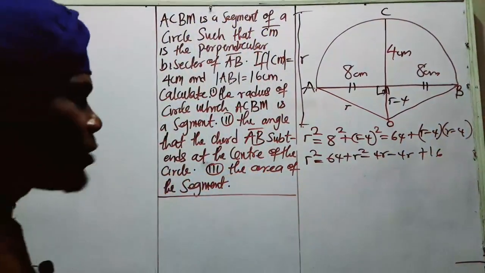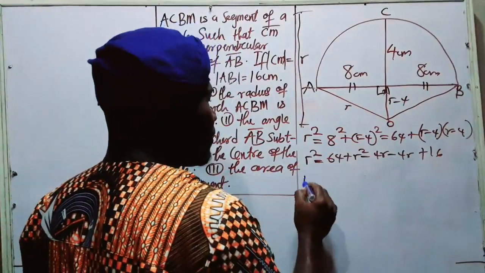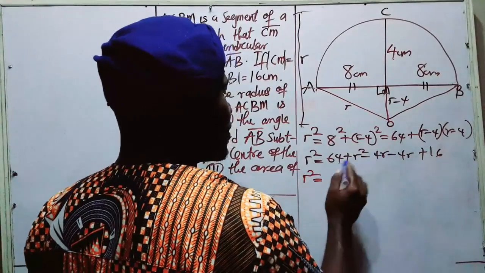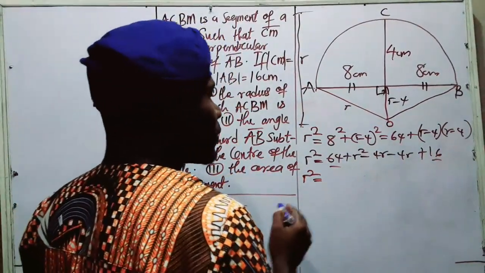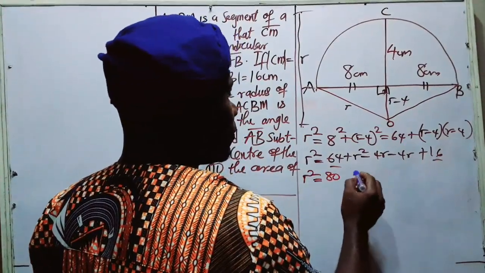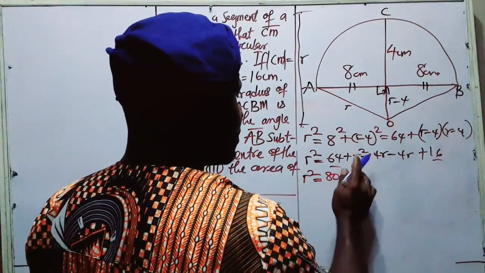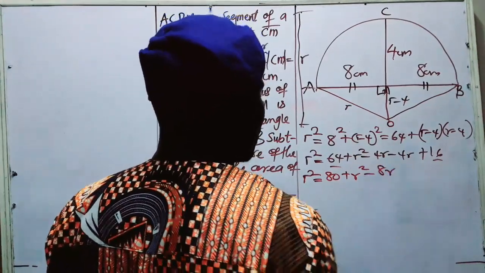So therefore, let's rearrange to have R squared is equal to 64 plus 16, which will surely give us 80, plus R squared minus 8R.